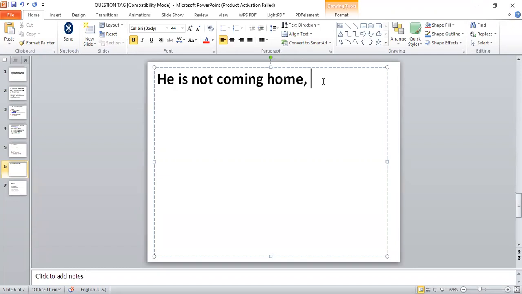So this is our subject, that is what we'll consider as the subject that we use in the tag. And this is our auxiliary verb, the auxiliary verb that will be used as the only verb in the tag. So for us to form the tag now, it will be: is.